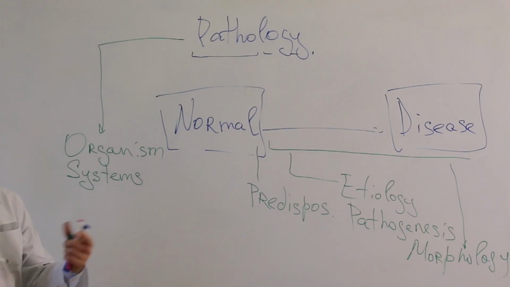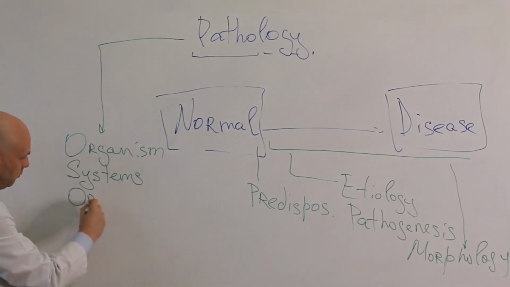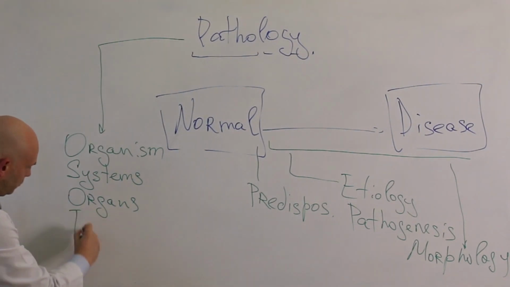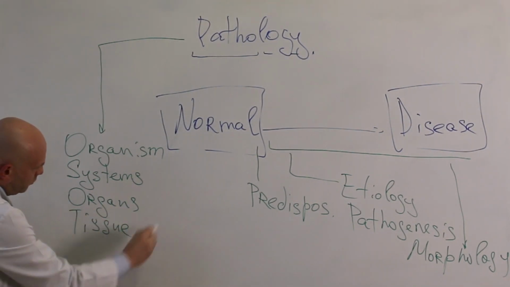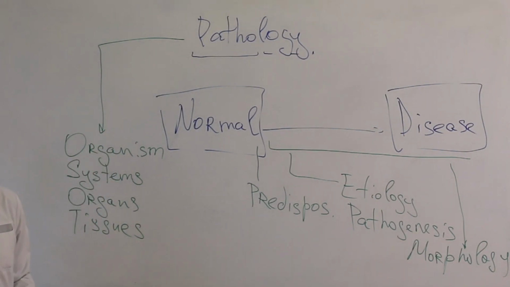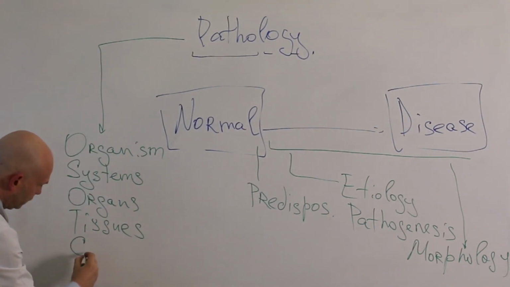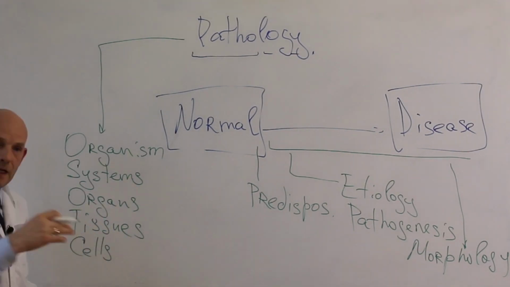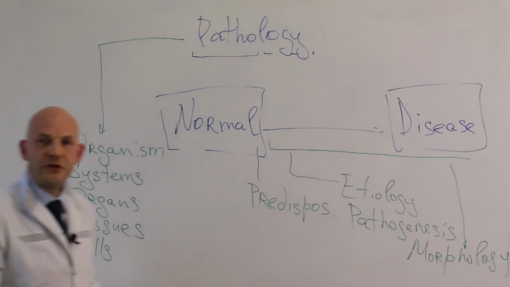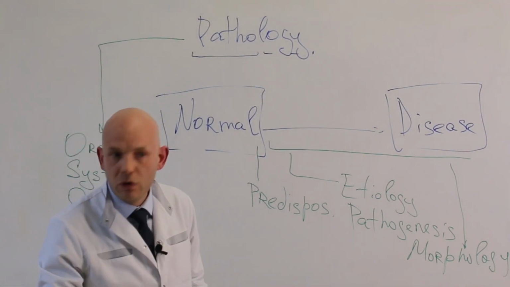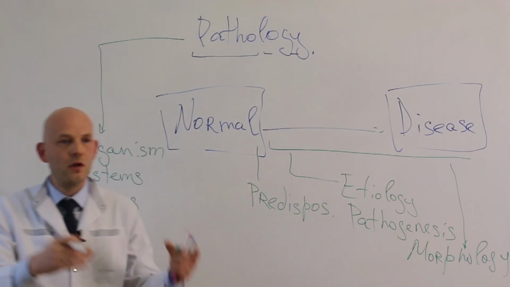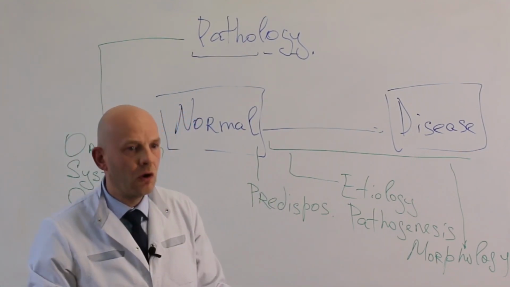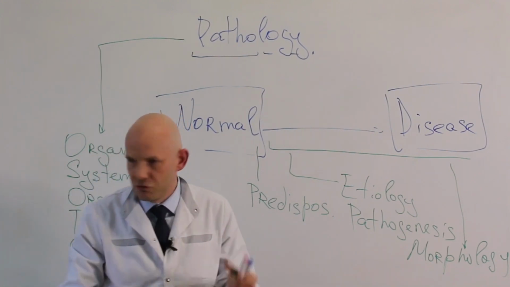Systems consist of organs. Organs consist of tissues. Tissues consist of cells. And then we may continue. Cells consist of ultracellular structures, the organelles: the nucleus, cytoplasm, mitochondria, Golgi complex, endoplasmic reticulum, and so on.